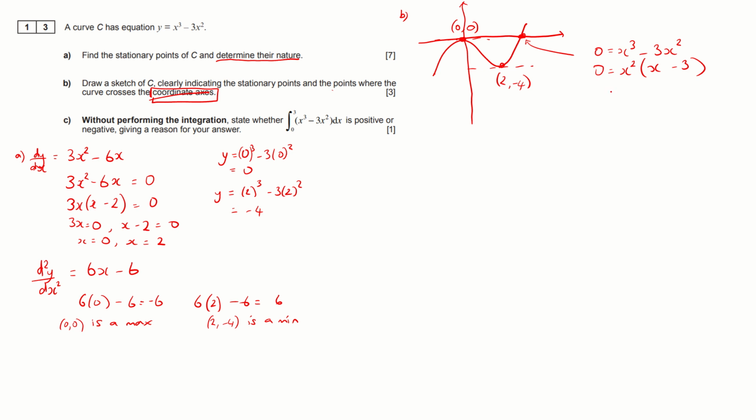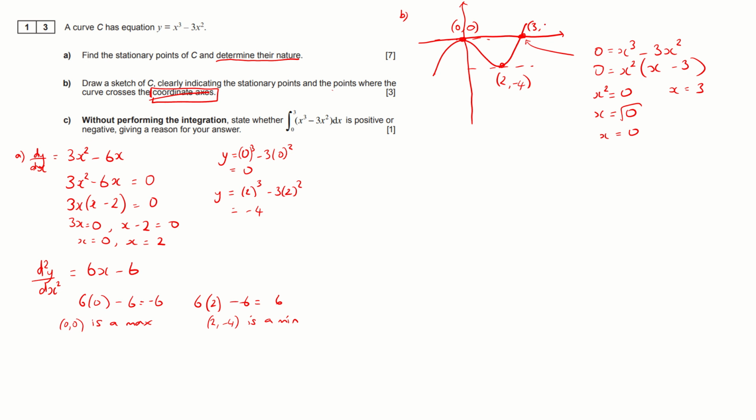You end up with x squared times the bracket, which means that either x squared equals 0, and of course, you square root 0, you just get 0. Plus or minus 0, it's the same point. That is what this coordinate is here. And the other one means x equals 3, according to this bracket. So that is definitely the coordinate 3 something.